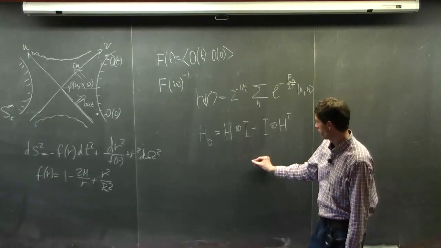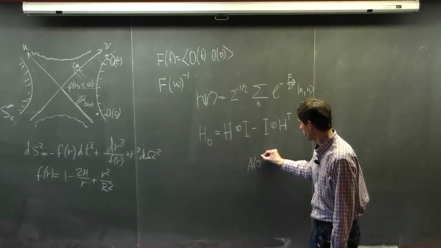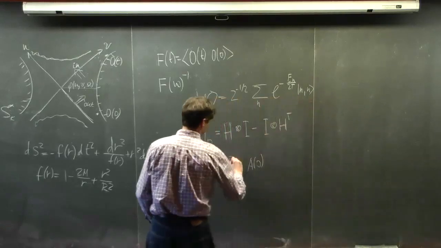They have this form, A of 0. I'll write it backward.